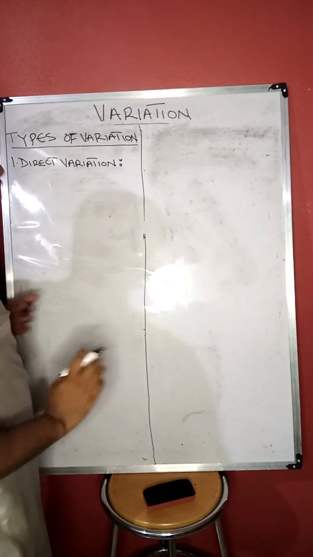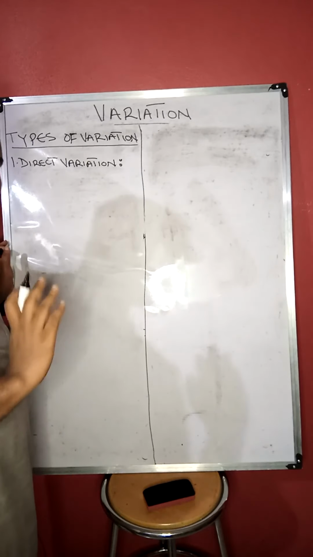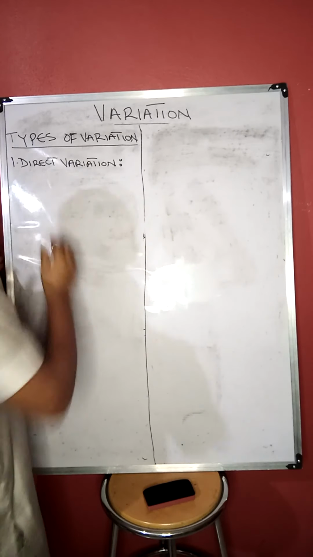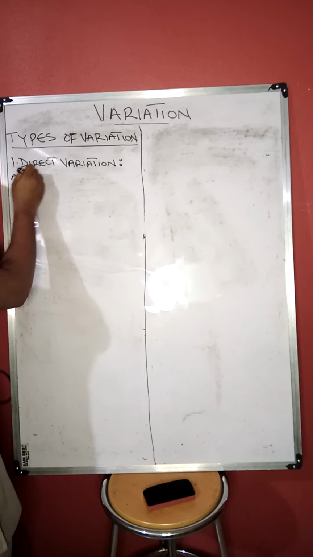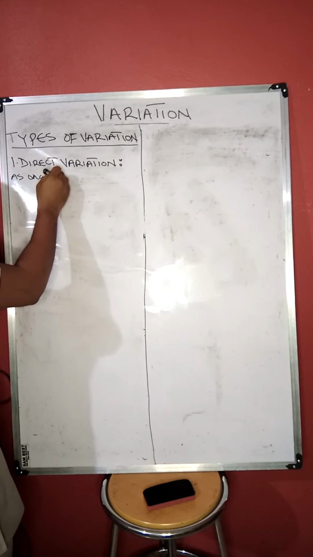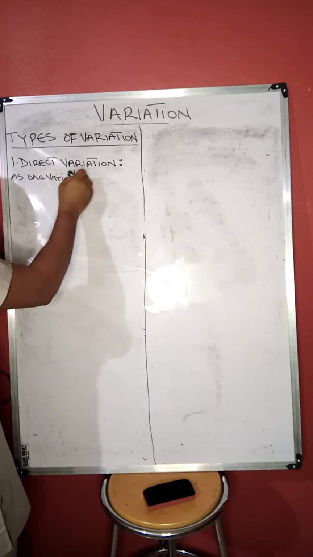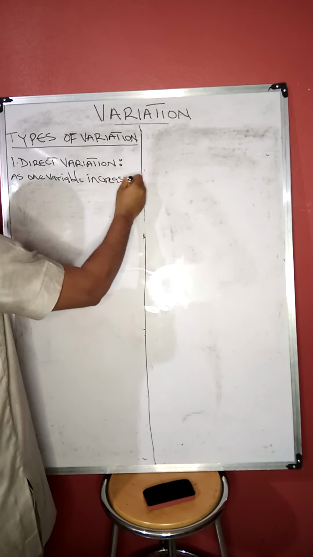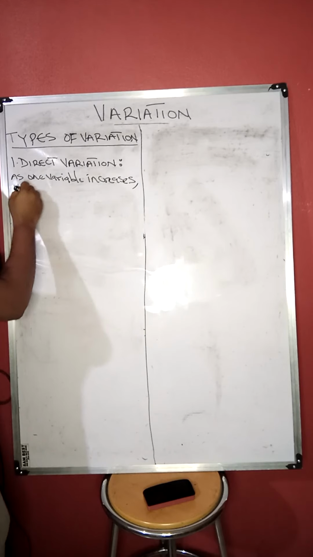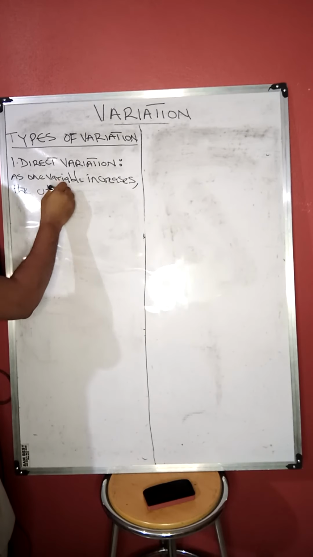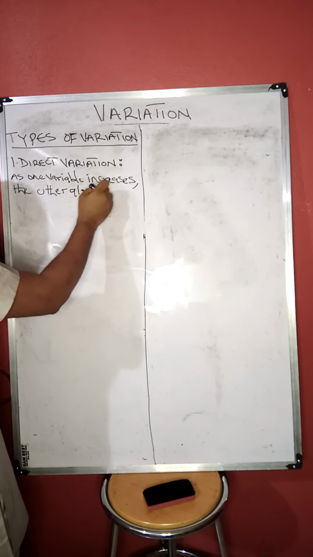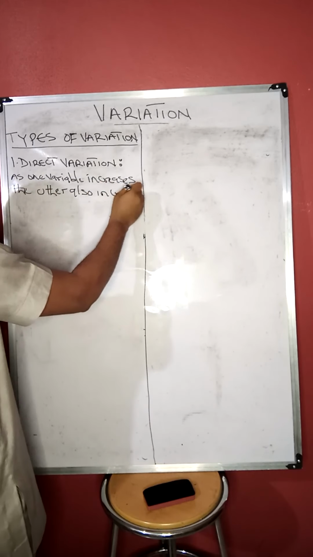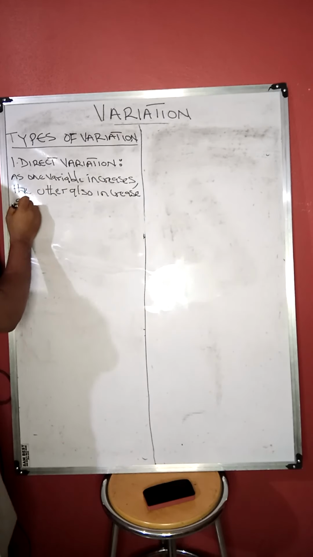Direct variation means as one variable increases, the other also increases, and vice versa.